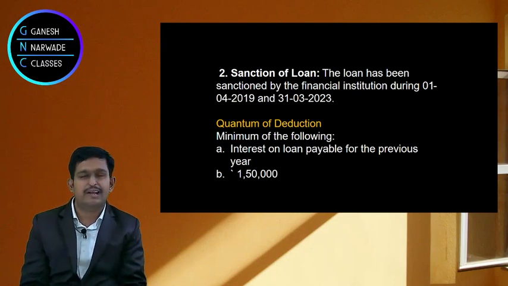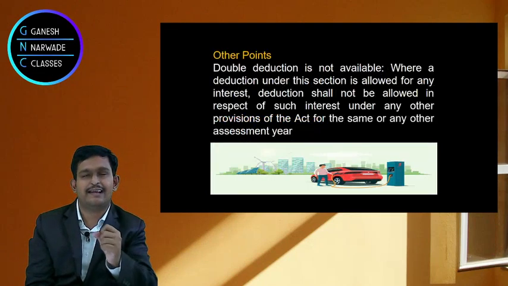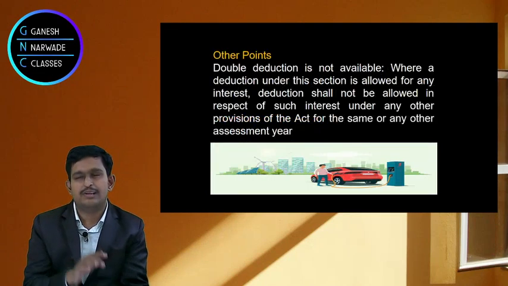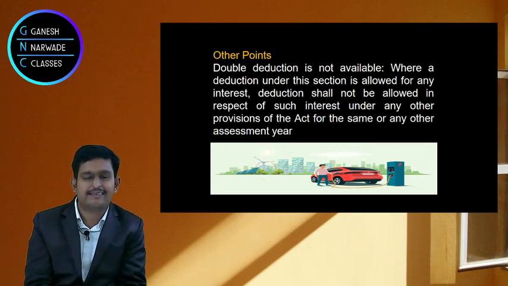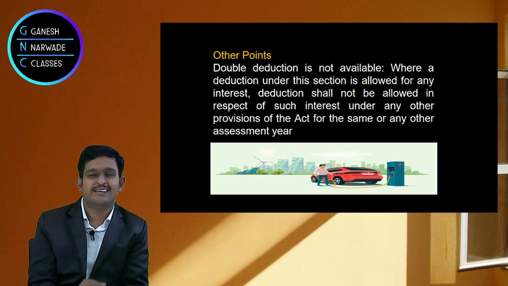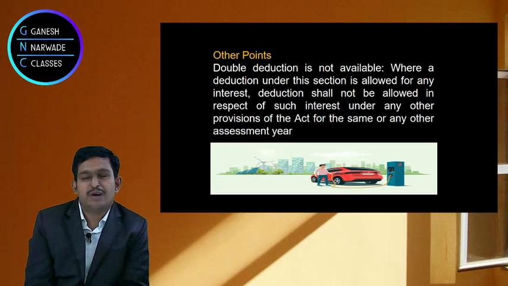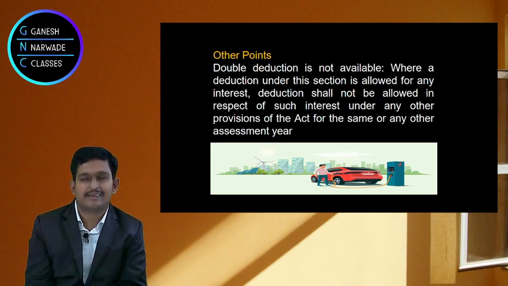Now you claim deduction under 80EEB. Can you get deduction under any other section? The answer is no. There is no double deduction. So once you claim deduction under this section, you cannot claim deduction under any other section. For your kind information, there is no other section which will give deduction for this purpose.